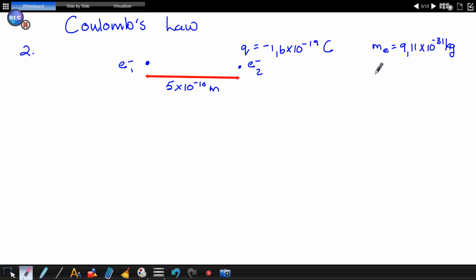Because in number A they want us to get the electrostatic force, and in number B they want us to get the gravitational force.